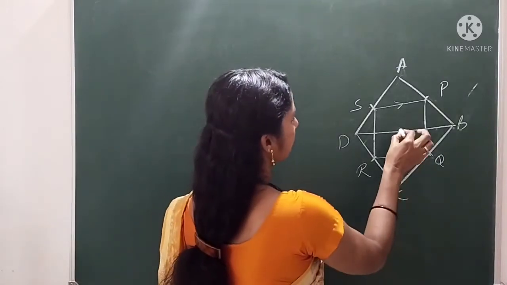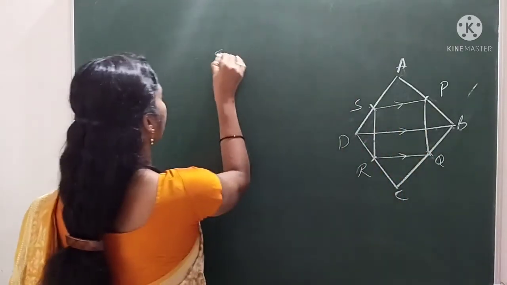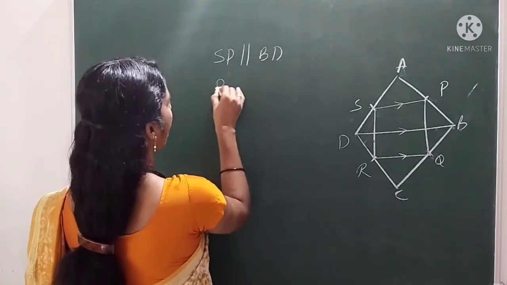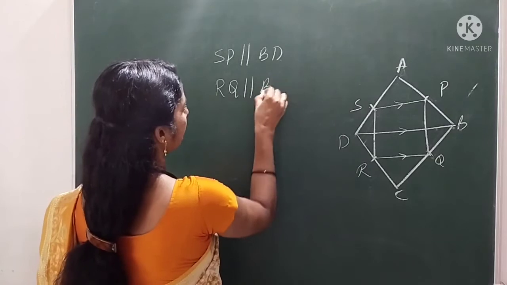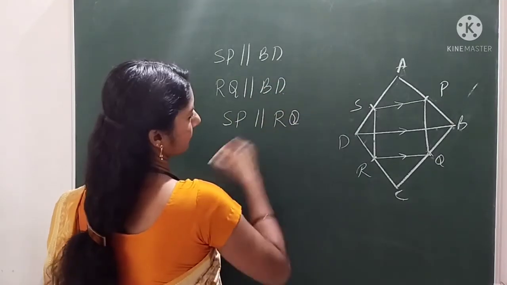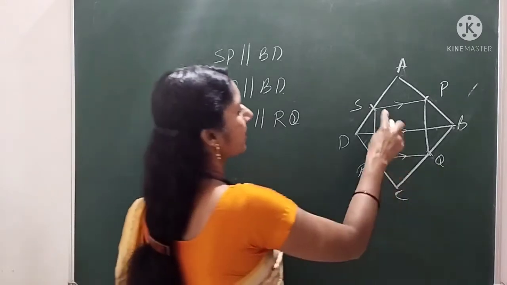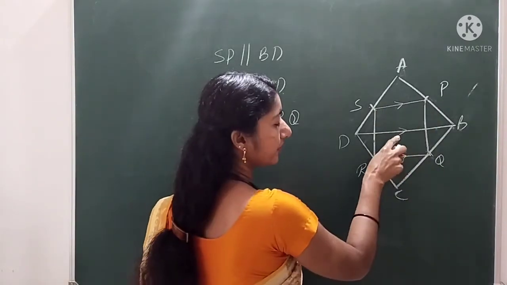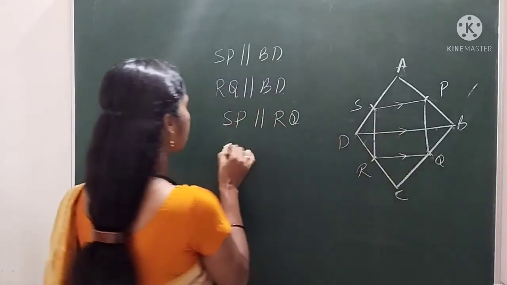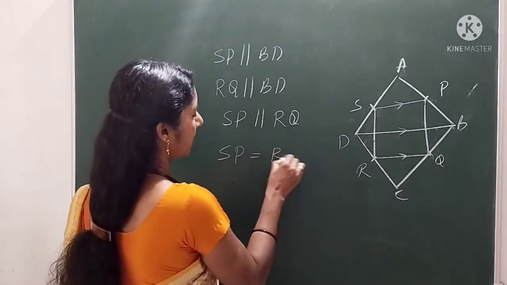Now see, SP is parallel to BD and RQ is parallel to BD, so we can write SP is parallel to RQ. Also SP is equal to half of BD and RQ is equal to half of BD, so of course SP is equal to RQ.